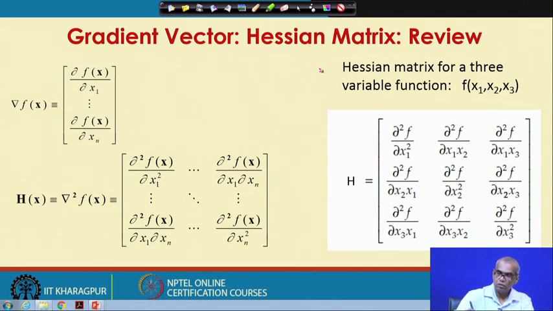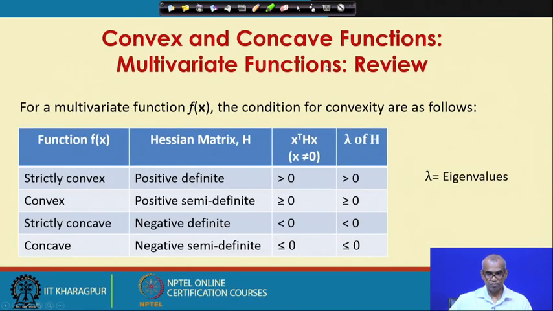We have learned a few properties of these Hessians. They are summarized here one more time. The function f x will be strictly convex if the Hessian matrix is positive definite. Hessian matrix will be positive definite if x transpose H x is strictly greater than 0, or all the eigenvalues of the Hessian matrix are strictly greater than 0.